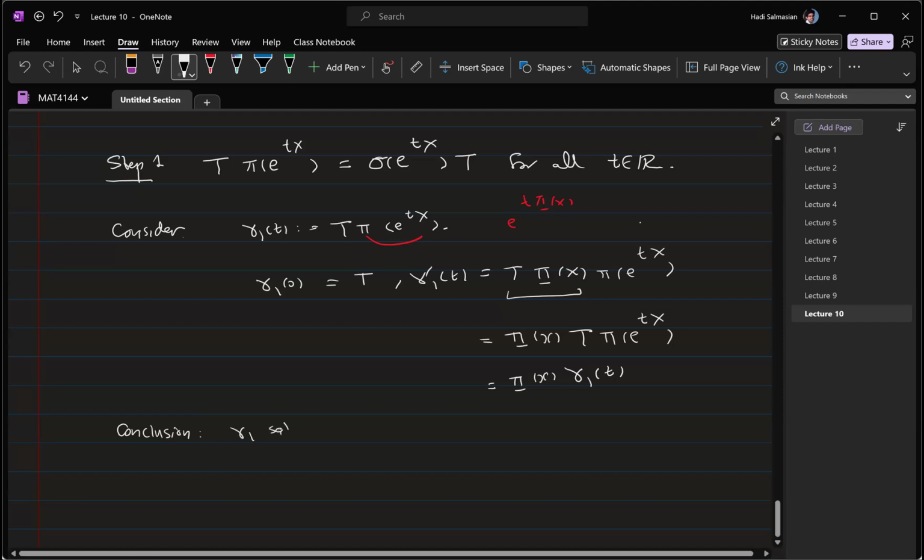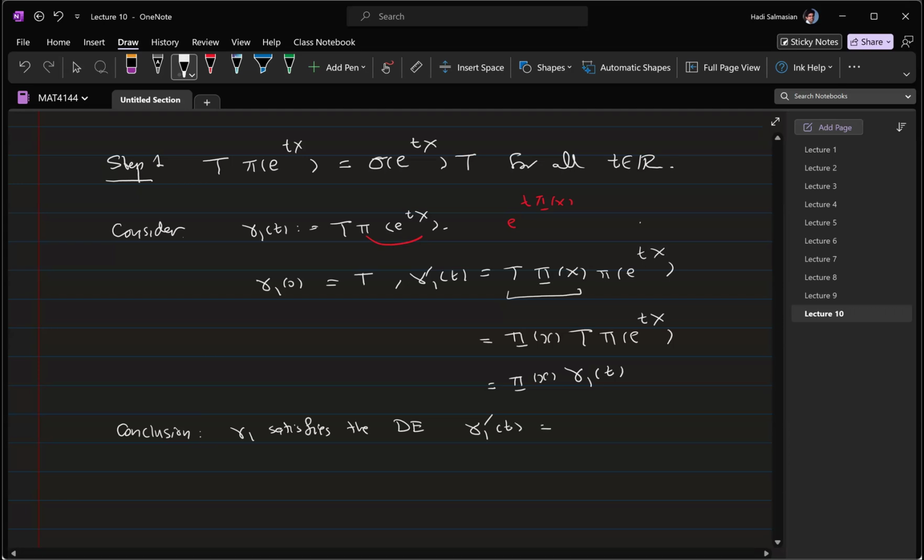Gamma 1 satisfies the differential equation gamma 1 prime t equals t gamma 1 t.